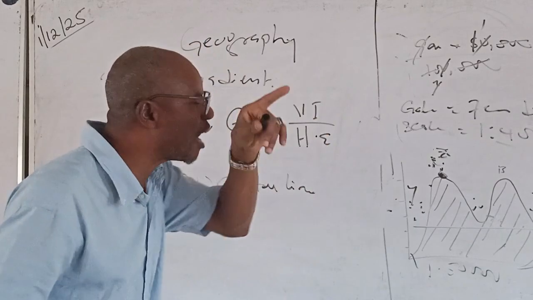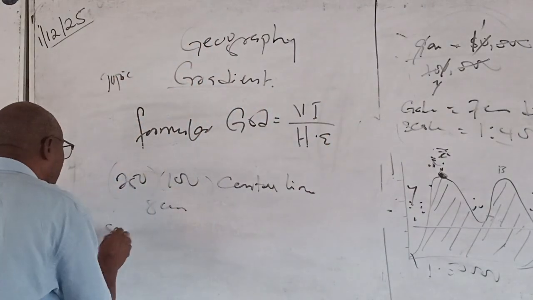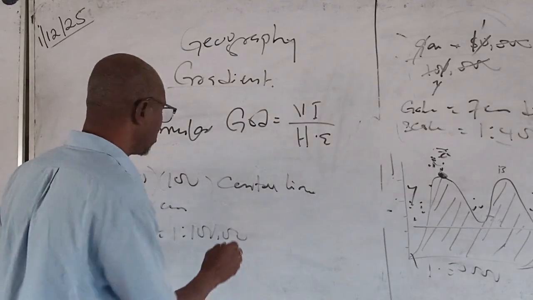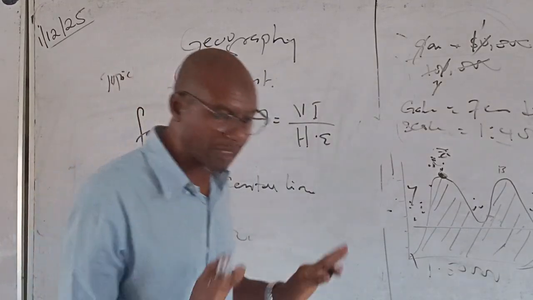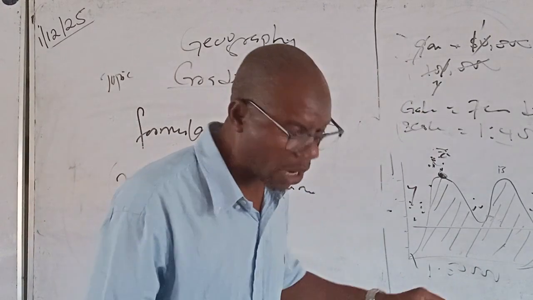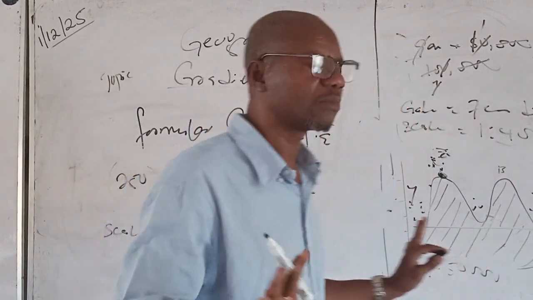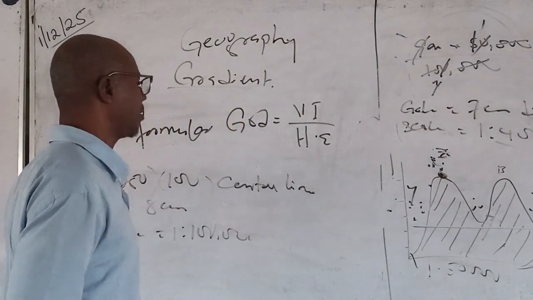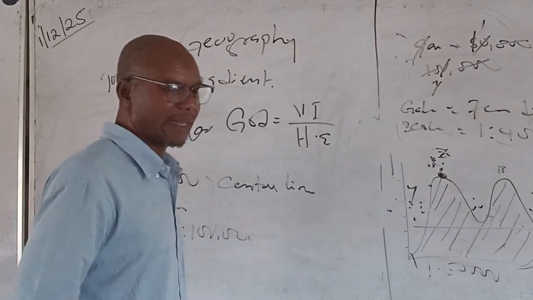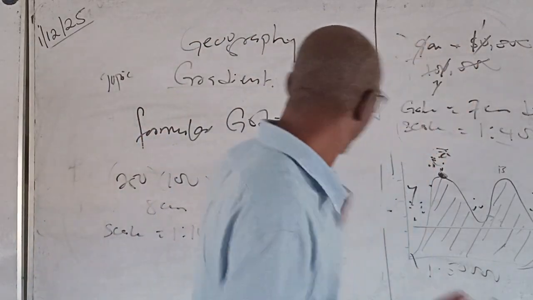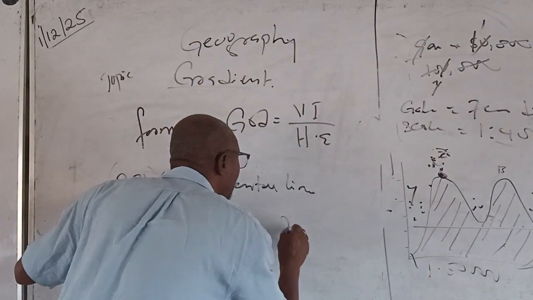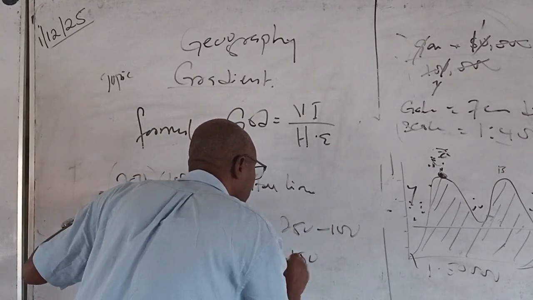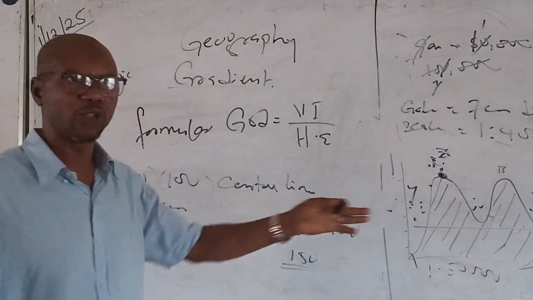Now check the scale of the map. The scale of the map is 1:100,000. Simple, very simple. Convert this centimeter, because we are working in kilometers. First of all, 250 minus 100, you arrive at 150. That's the difference between the two contour lines.